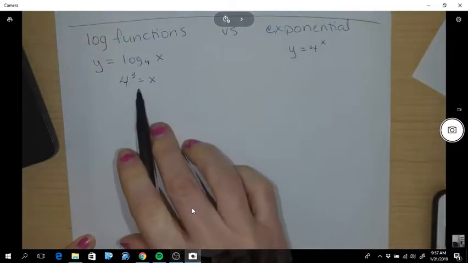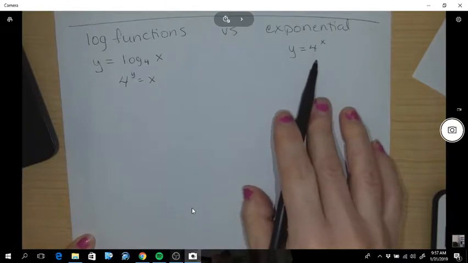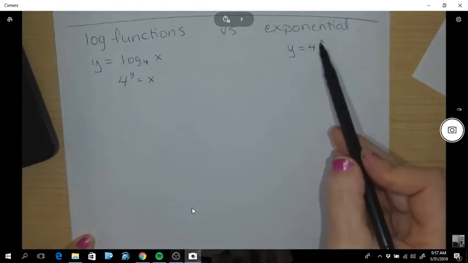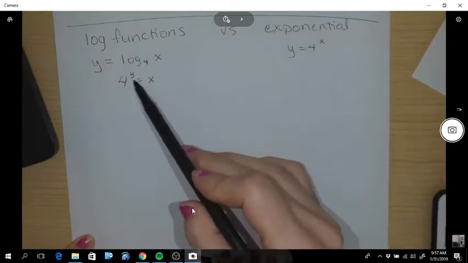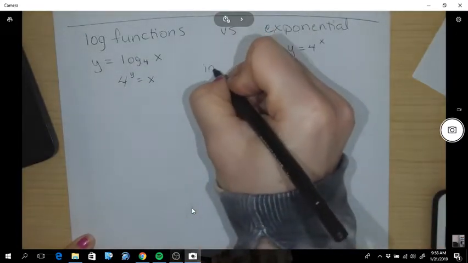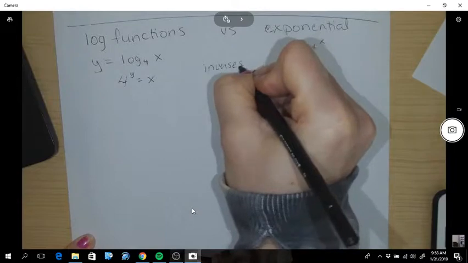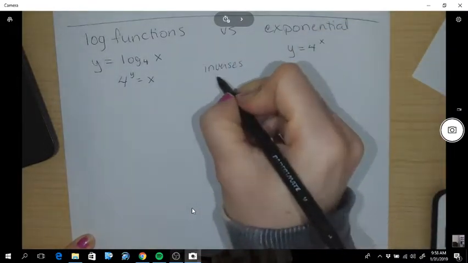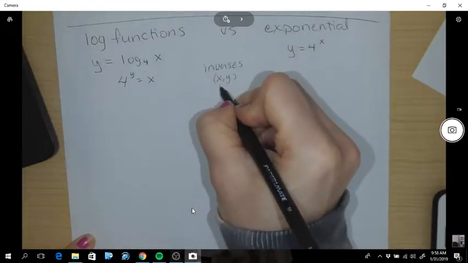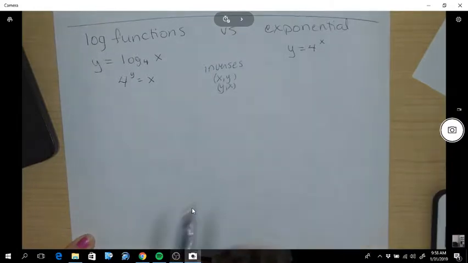Okay, as you compare it to this exponential function, you can see that essentially the x and the y are in different spots. So these are inverses, right? An inverse function, remember, where one point has (x, y), the other one has (y, x).